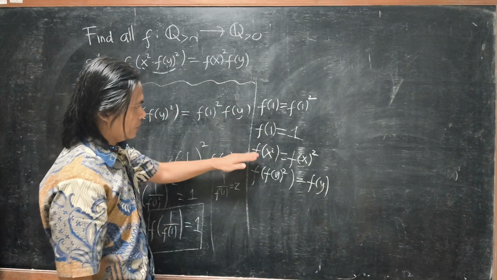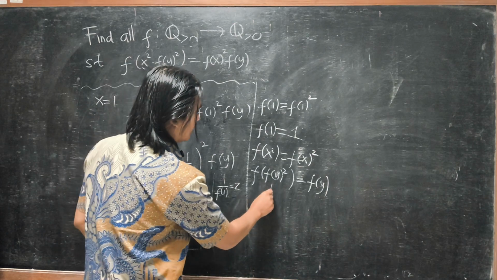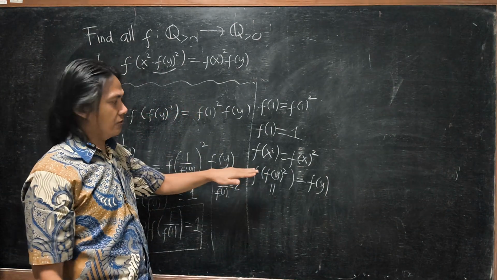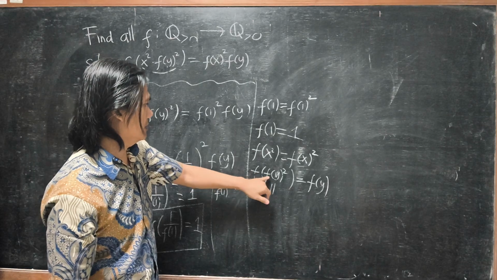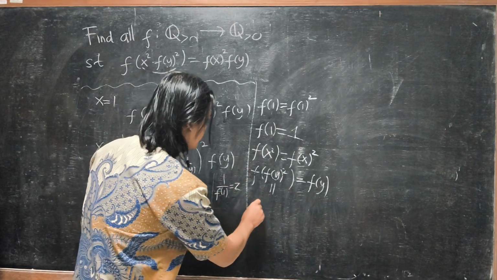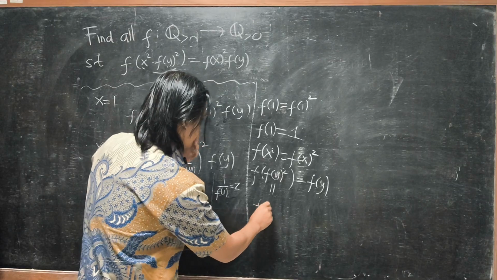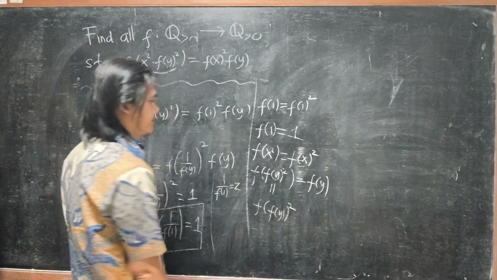From this previous equation, this can also be rewritten as f of something squared, so it can be written as f of f(y) squared.